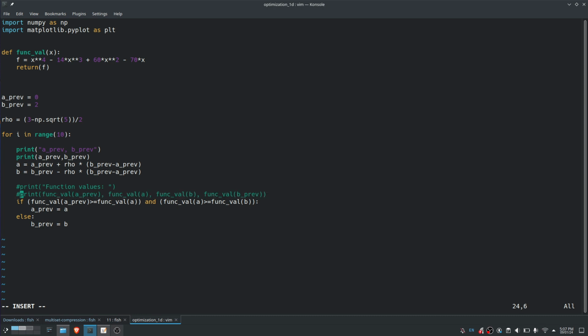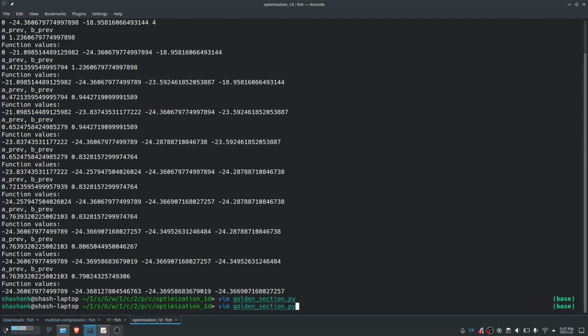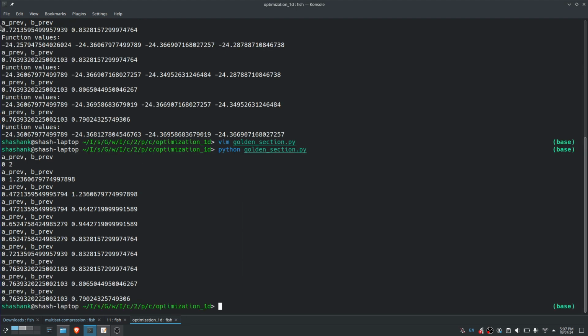Let me not print these for now. Initially I started with 0 to 2, and then I reduced that to 0 to 1.23. Right?